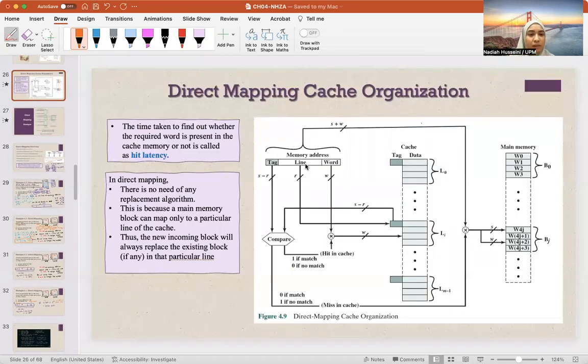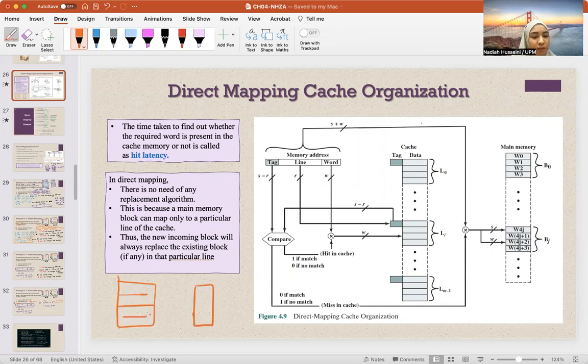Okay, so in direct mapping, please read over here. In direct mapping, there is no need for any replacement algorithm because a main memory block can map only to a particular line of cache. We know what a block is, we know what a line is. And for direct mapping, there is no choosing, because remember that I told you it has an equation.